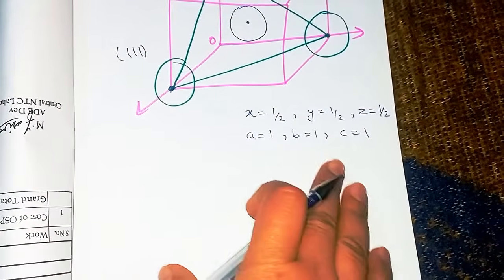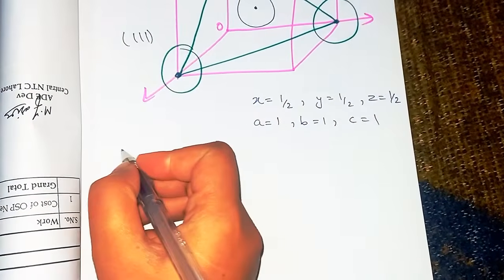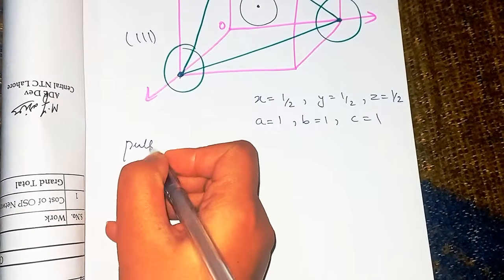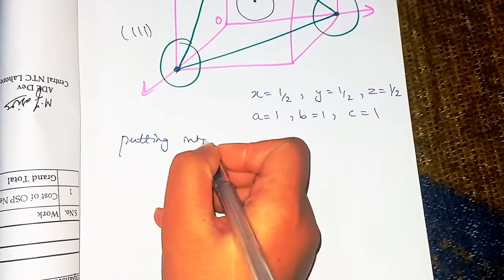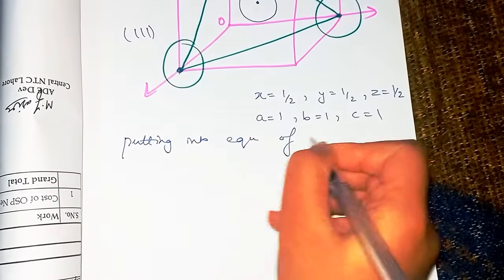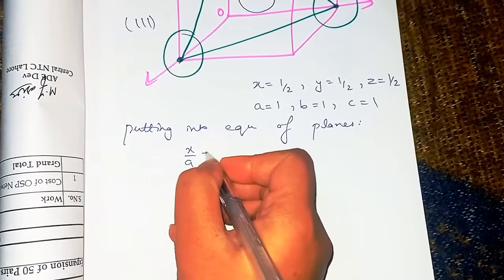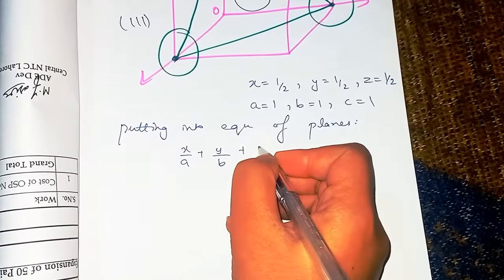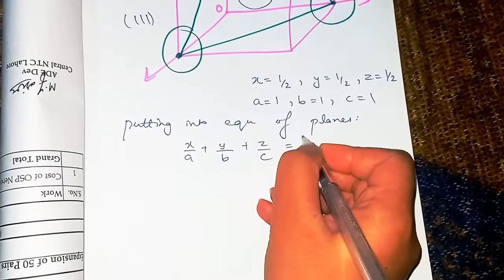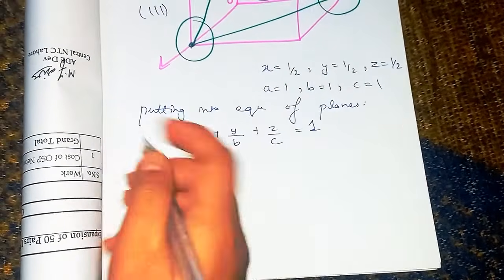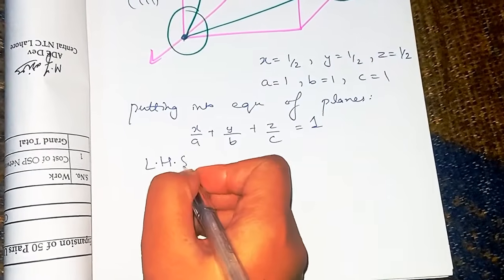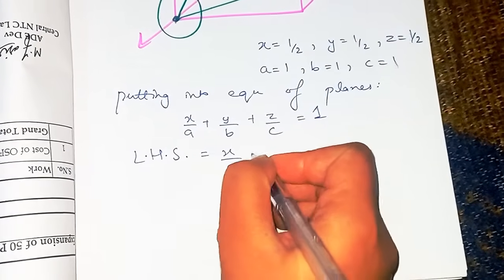We should write them first, then we can put them right away into the equation of plane. So putting into the equation of plane, what we get is x over a plus y over b plus z over c equals 1. This is the equation of plane, and I'm going to take the left hand side only.